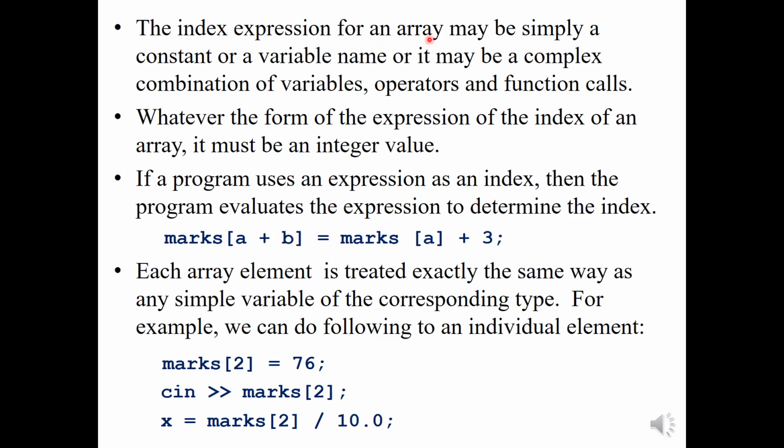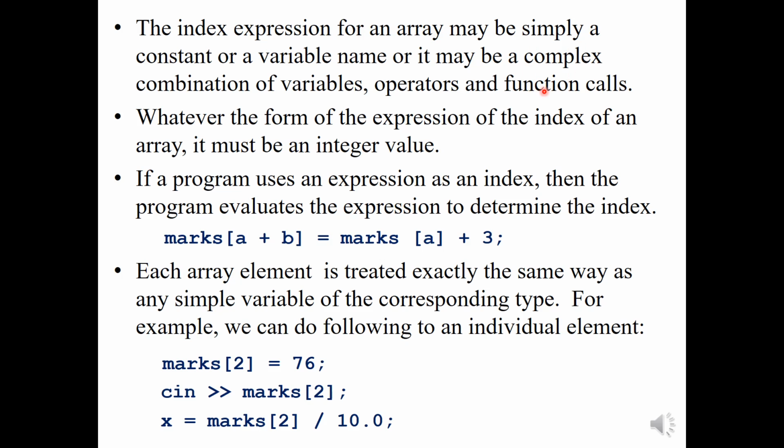The index expression for an array may be either a constant or a variable name. So the index expression can also be a variable name, or it may be a combination of variables, operators and function calls. That means it can be an arithmetic expression also. Functions you did not study yet, but you will very soon, probably in the next class.